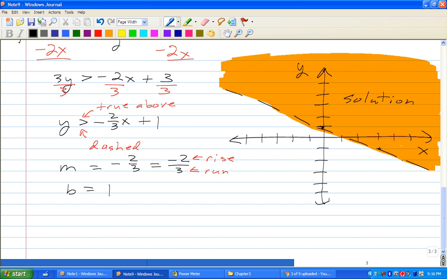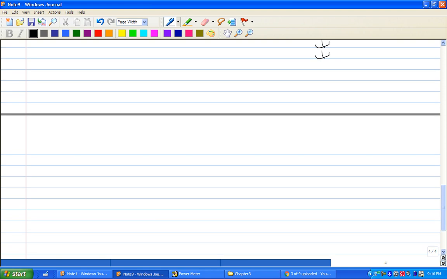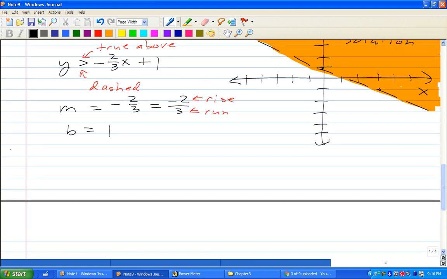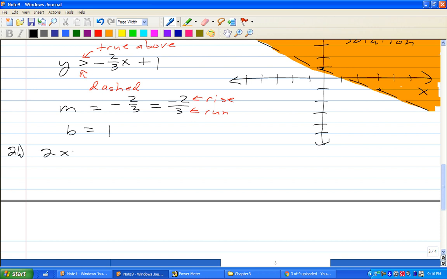Let me do problem number 26. Two x less than or equal to 4. Let me divide both sides of my inequality by 2. So I get x is less than or equal to 2.